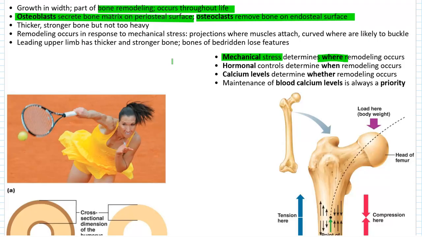That's mechanical stress. Now, hormones regulate when remodeling starts. But there is one major regulator of bone remodeling, which determines whether the remodeling is happening in the first place, and it's levels of calcium in the blood.